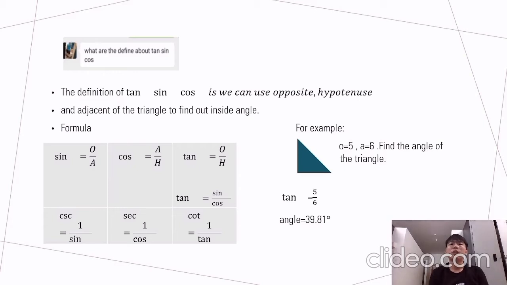Find the angle of the triangle. So we have the opposite and adjacent of the triangle, so we can use the formula. During the process, we will get the angle of the triangle.